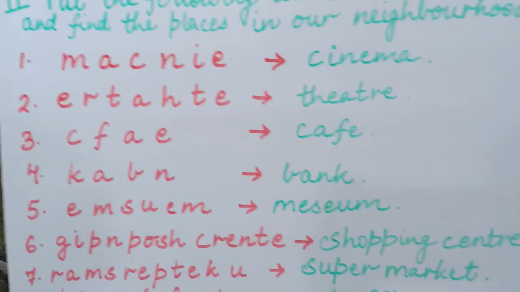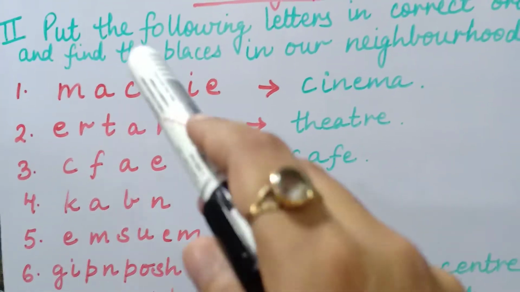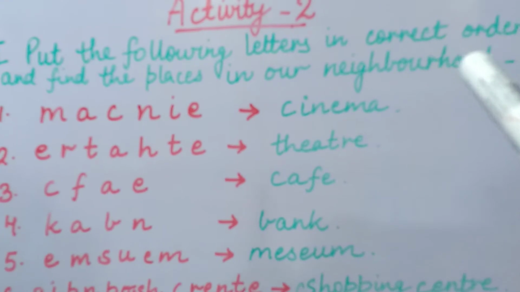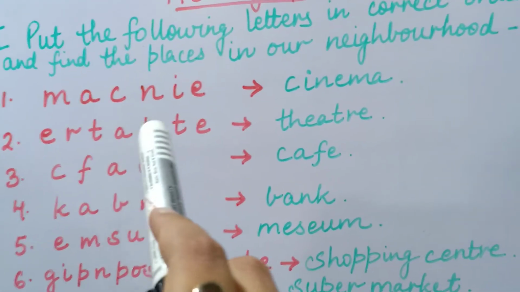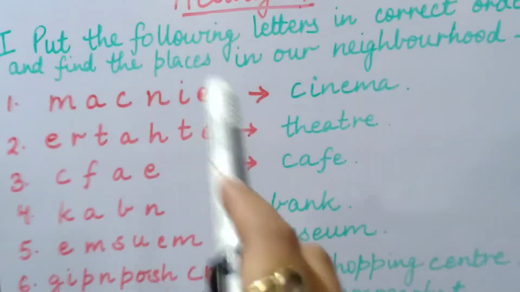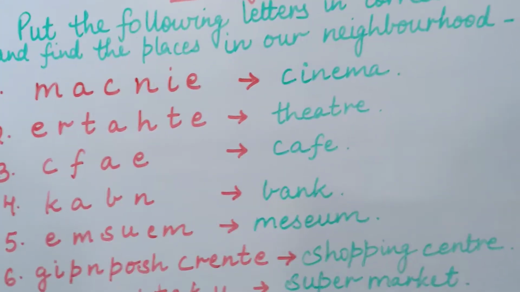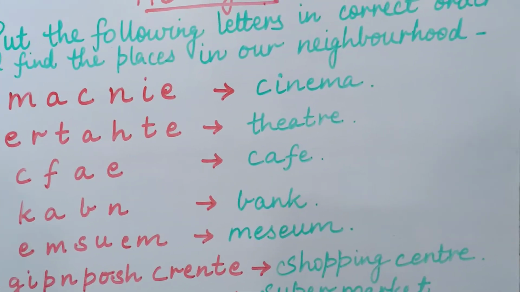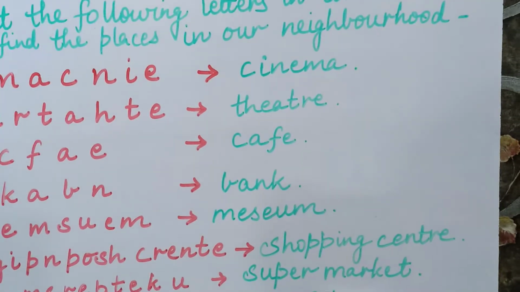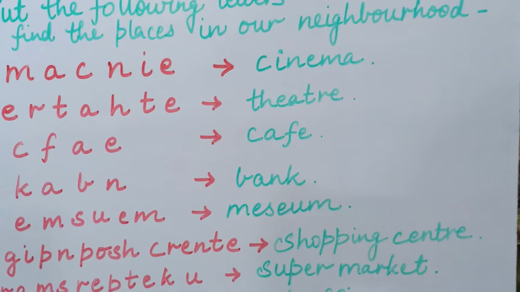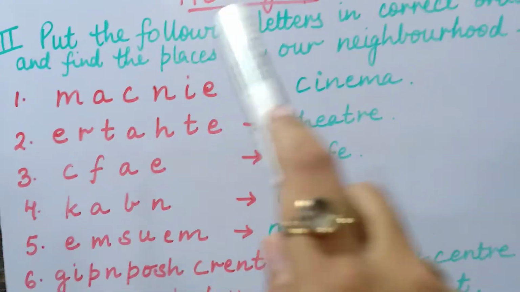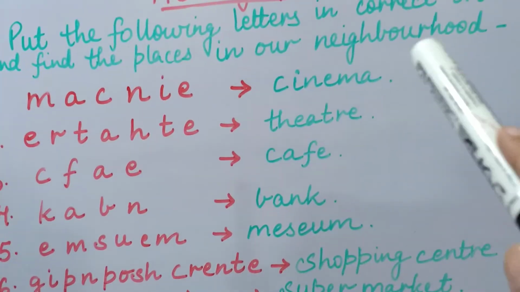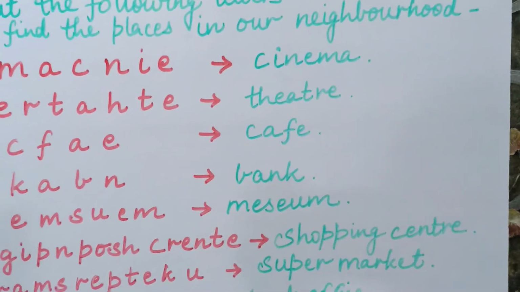Okay, then what you have to do, first of all you have to arrange the letters in correct order. आपको अपना दिमाग लगा के इस वर्ड को समझना है कि इस लेटर्स से आपका क्या वर्ड बन सकता है जो आपके नेबरहुड में वो जगह का नाम हो. ओके, सो वो आपको इसमें से करेक्ट करके फिर यहाँ पर करेक्ट वाला आंसर लिखना है.